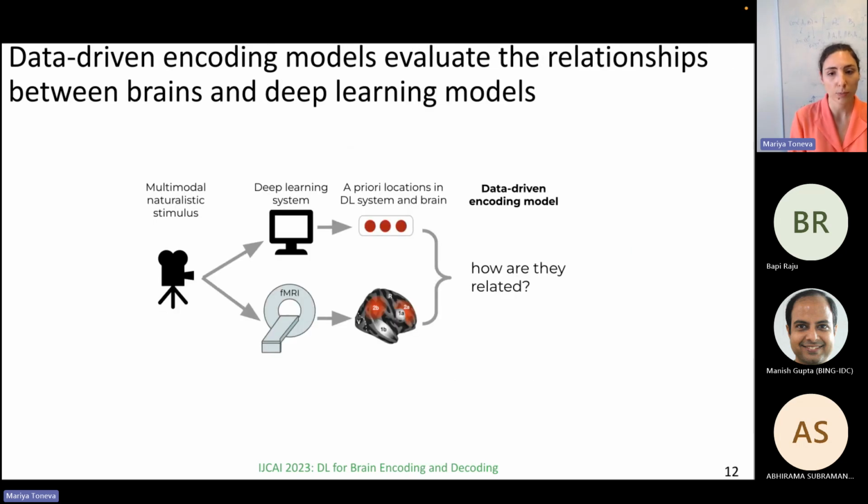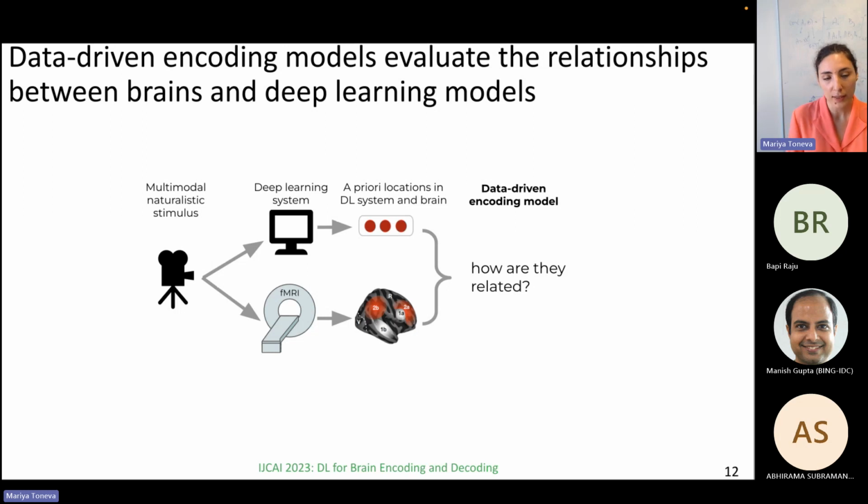So how can we build this data-driven encoding model to evaluate the relationships between the brain and deep learning models? Well, the way that this usually works is we have, let's say, a naturalistic stimulus that can be multimodal. So it can be somebody watching a movie and receiving a visual and auditory input.